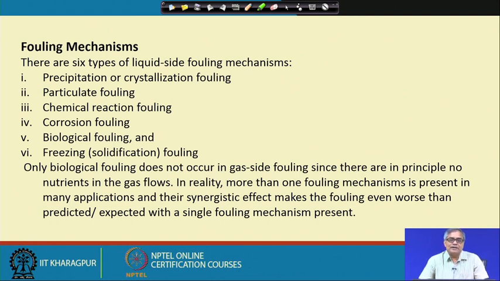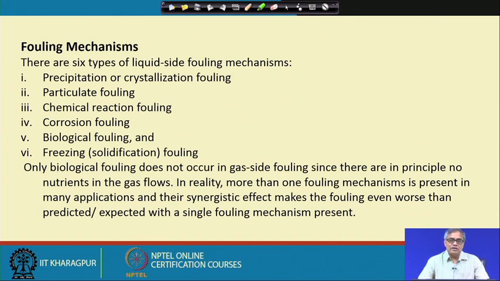Precipitation, it can happen that the fluid picks up solid particles and that gets deposited through the crooked passages of the heat exchanger. Then particulate fouling, of course, there will be particle deposition etcetera, or even there could be some sort of abrasion when the fluid stream is carrying particles.